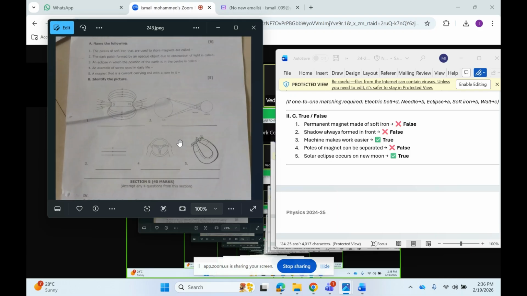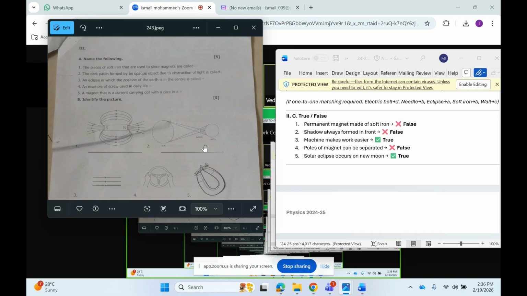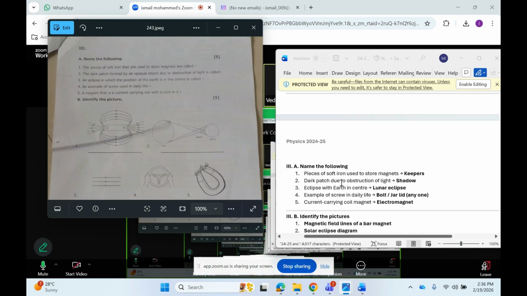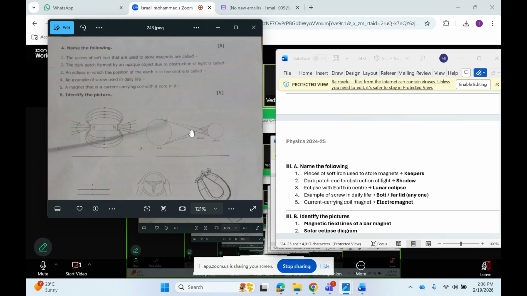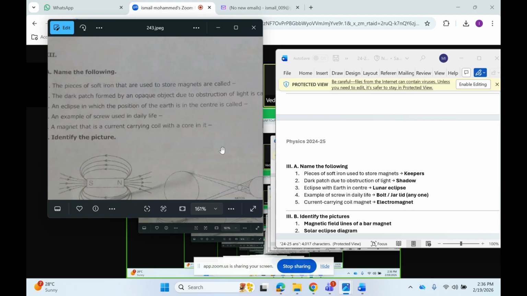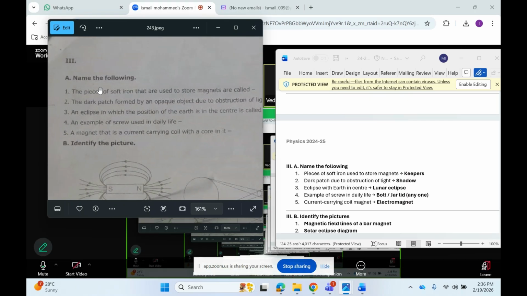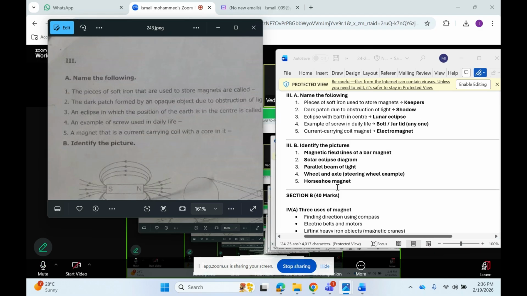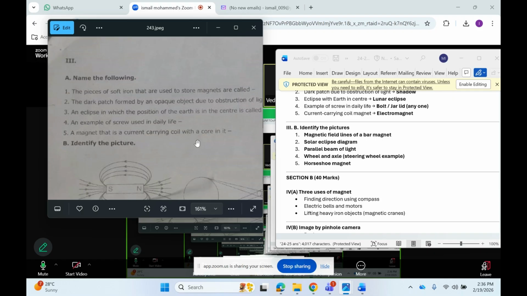Next one. Name the following. The pieces of soft iron used to store magnets are called keepers.